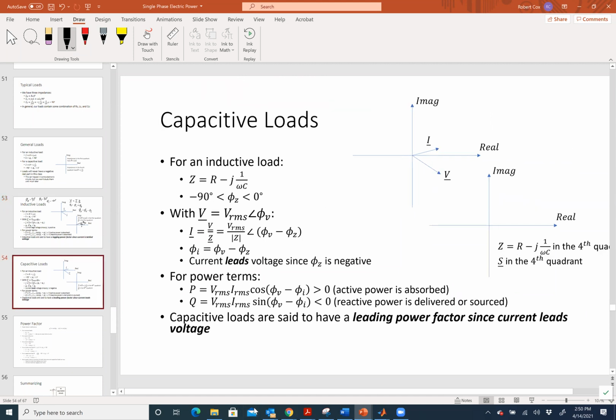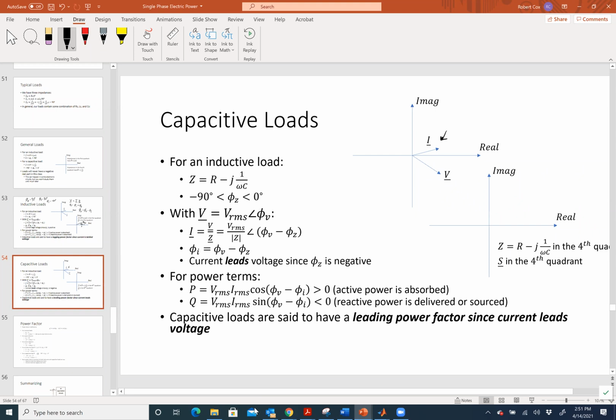And so that flips me over into this situation. Capacitive loads have a leading power factor because the angle is ahead. That means the current has a peak before the voltage if we look in time. That's an earlier peak, so we say these have a leading power factor.